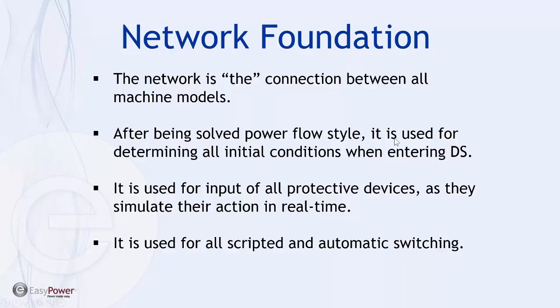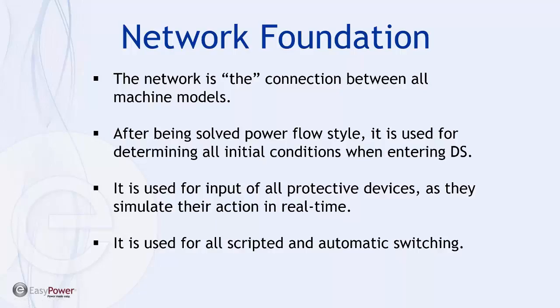It's necessary to make sure that we're in a stable state so that any change in elements or parameters is a result of the stimulus that we want to provide, not some imbalance that was introduced because we didn't have a stable PowerFlow.